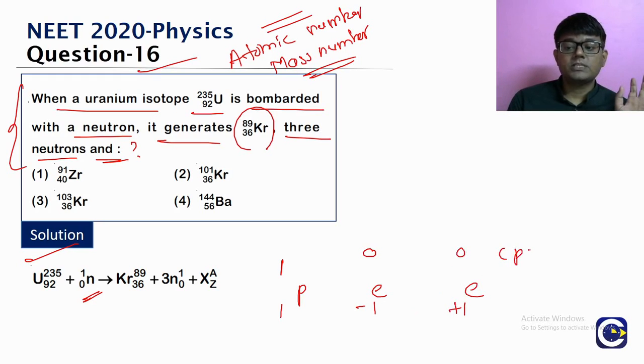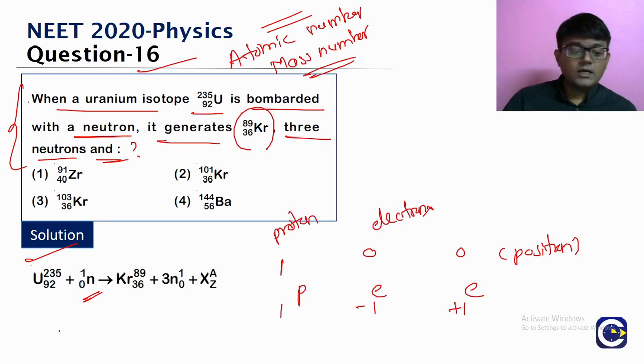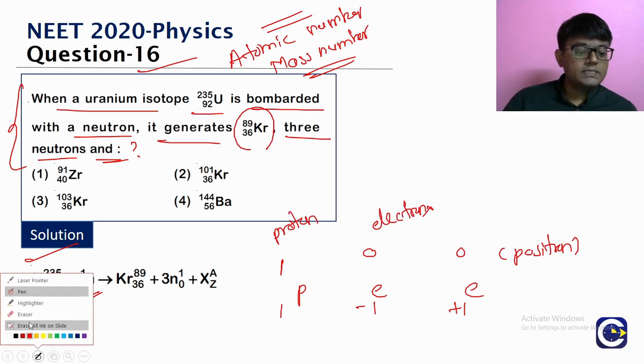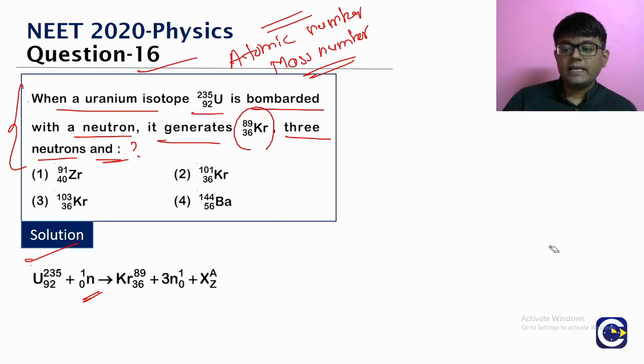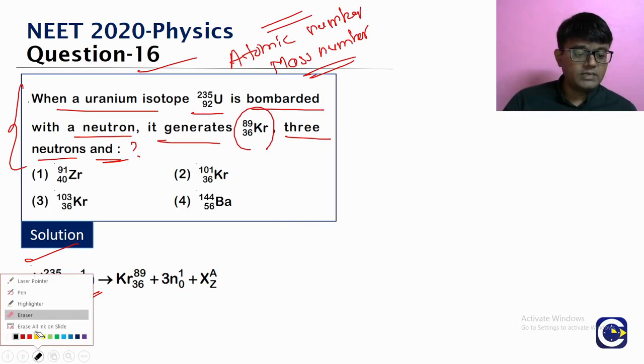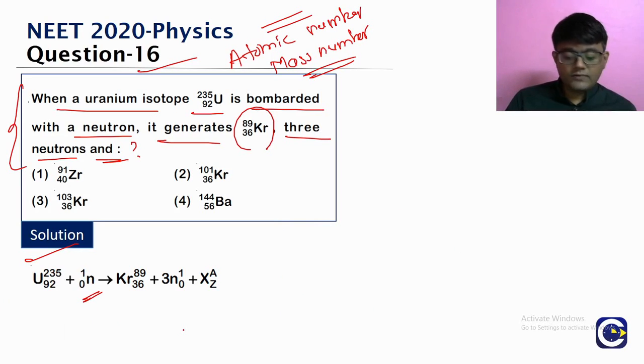We have to be comfortable using the mass number and atomic number of the respective species, because if you make a mistake there, you will get the entire question wrong. These questions are easy, but we have to be careful about these numbers.